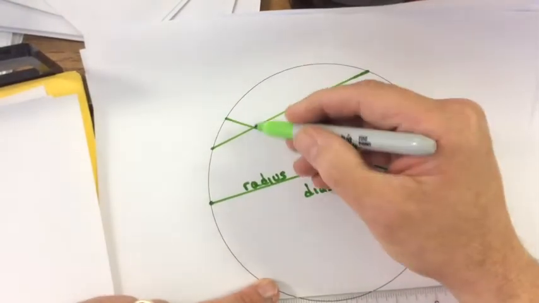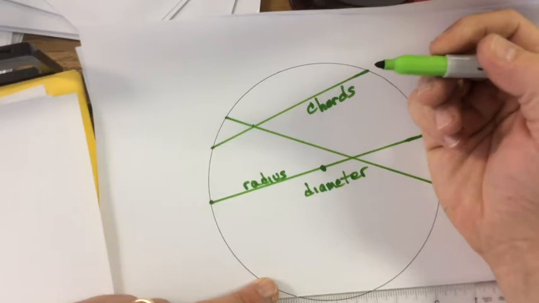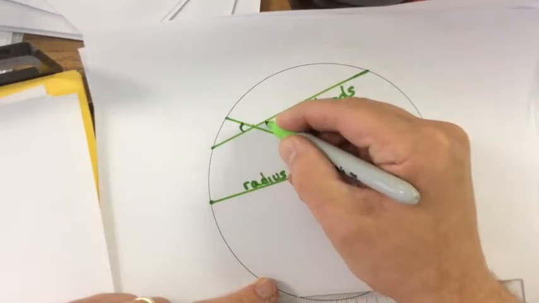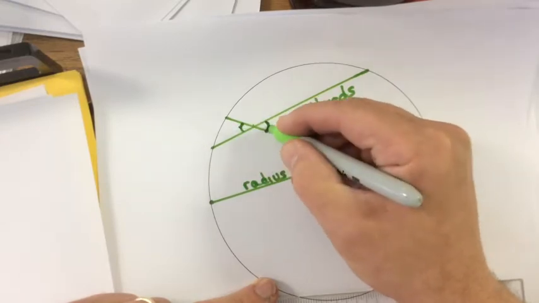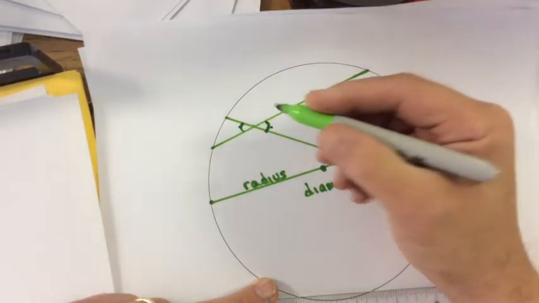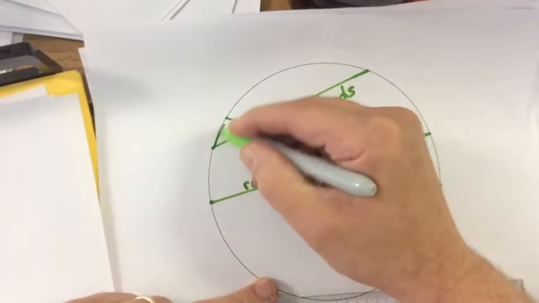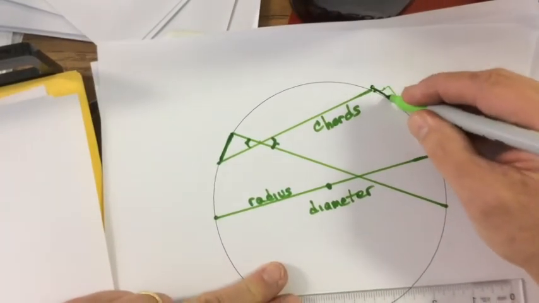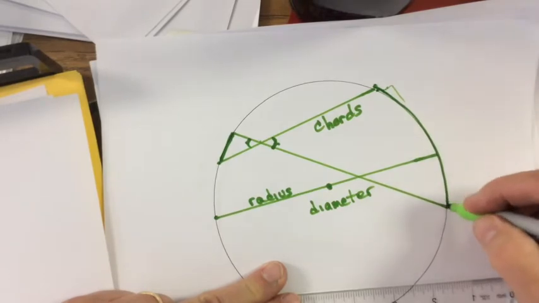So if you have chords that intersect on the inside of the circle, this angle measurement right here, obviously these are vertical angles. They're going to be congruent. They also intercept two arcs here and here.